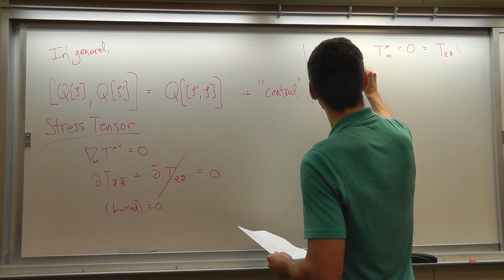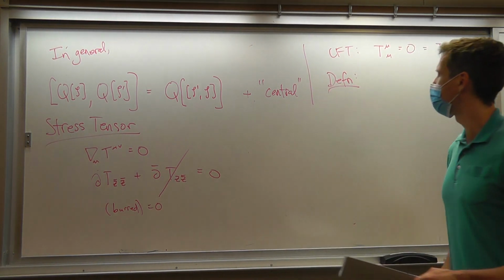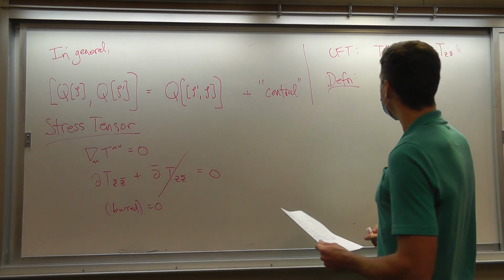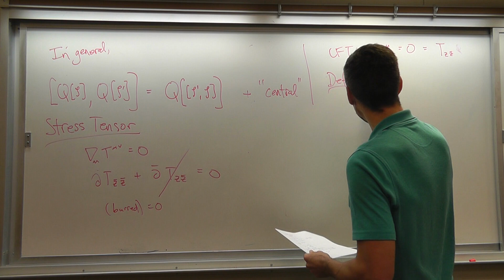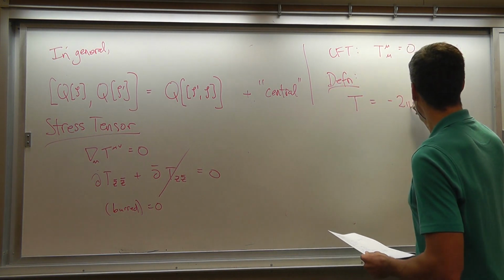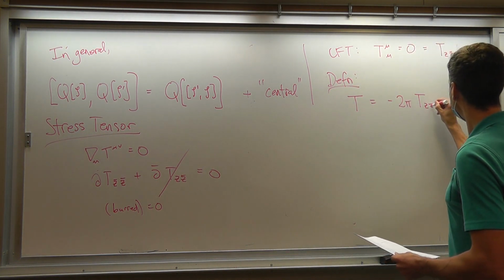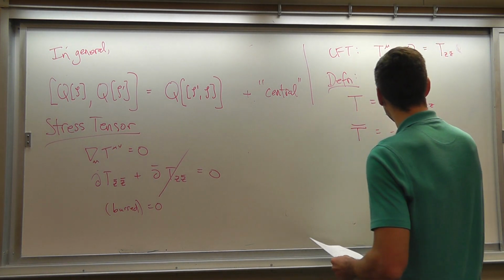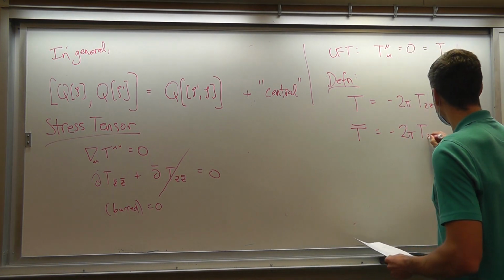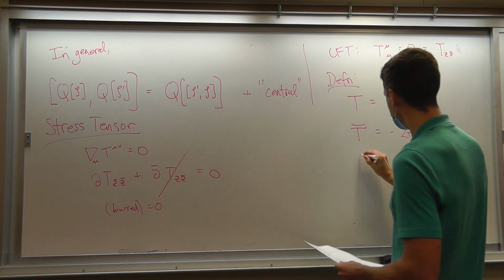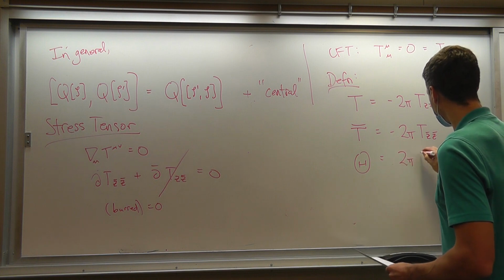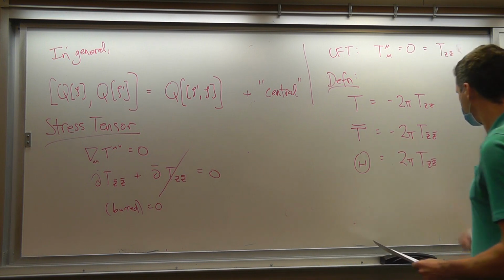There's a different convention that's used in two-dimensional CFT. This is standard, unfortunately, so I'm going to use it. So let's define T to be minus 2 pi T zz. T bar is minus 2 pi T z bar z bar. And big theta is 2 pi T z z bar.